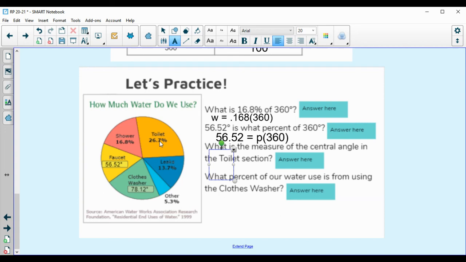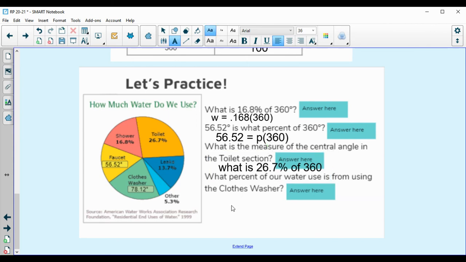So the question I'm going to ask myself then is, what is 26.7% of the circle? And I know the whole circle is 360 degrees. So that would be the setup. I would then write my percent equation from that.